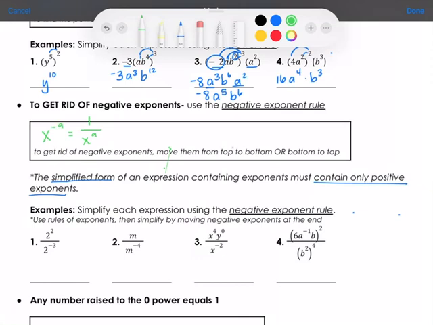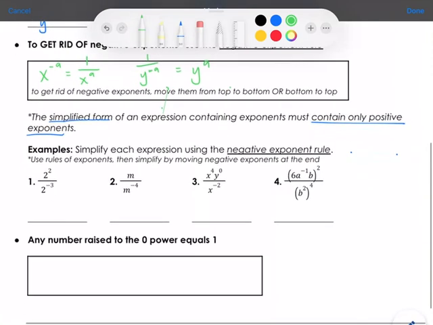This is also the same if I have a negative exponent on the bottom. So if I had, let's say, 1 over y to the -a, to make this positive, I would move it to the top. So I would just have y to the a, moving that to the numerator.